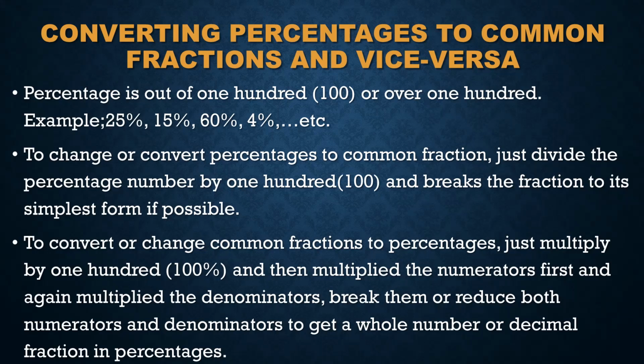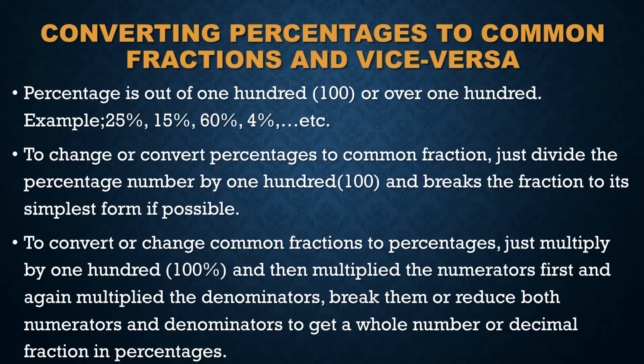If we decide to change these to a fraction, a state of having a numerator and denominator, then we will discuss that, and how to change a fraction with a numerator and denominator to percentage, we will also discuss that. So let's quickly discuss how to change percentage to common fractions.